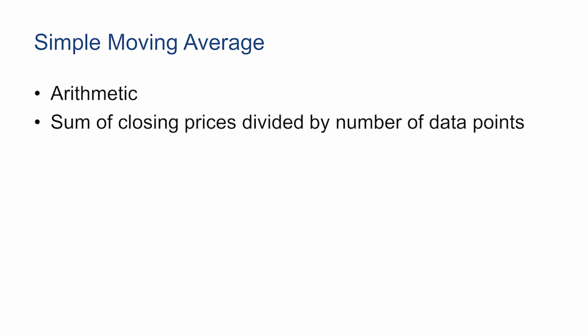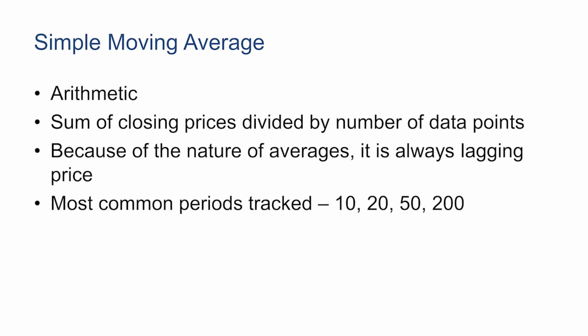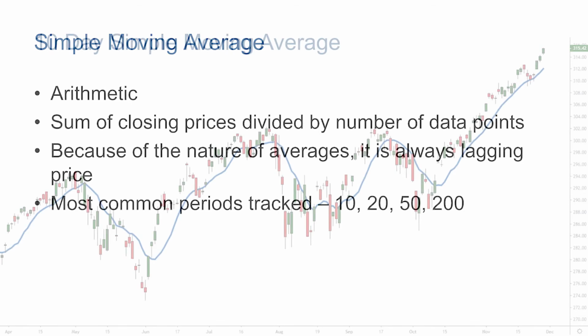So it becomes just a simple way of looking at what the average price was over a fixed period of time. The most common moving averages that have been tracked through history have always been the 10 and 20 period moving averages for very short-term trends, and the 50-day and 200-day moving averages, which have been very well known for longer-term trend analysis. Let's take a look at these moving averages and how they look.